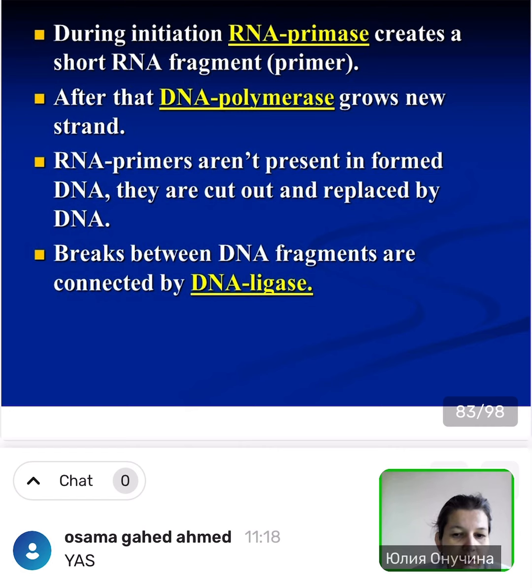And a very important enzyme, DNA ligase, for connection of Okazaki fragments after removal of primers by endonuclease.